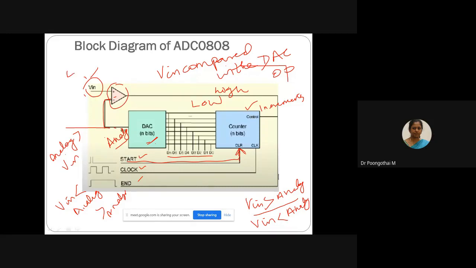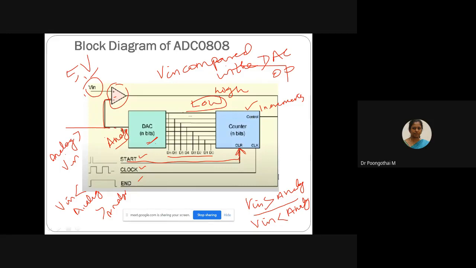For example, the input is 5 volts, so every time this value is compared with 5 volts. Suppose your input voltage is greater than this analog output. In that case the comparator sends a high output to the counter, which enables it to count further. If it is lesser, it will send a low signal, which will stop the counter from further incrementing.